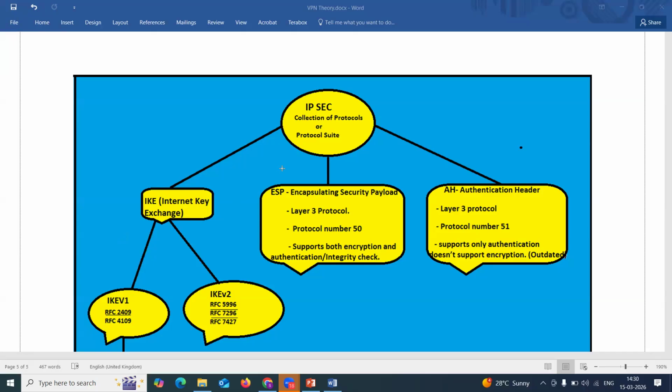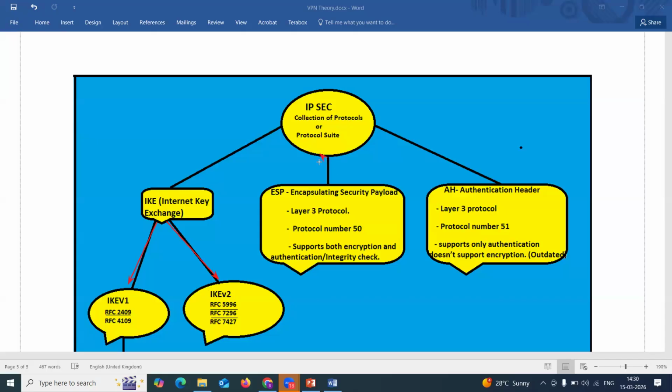So if you guys are asked what are the protocols under the IPsec, say IKE. But IKE is an internet key exchange, a method of exchanging the key over the ISP. Under the IKE, we have multiple protocols. First, you say IKE has two versions, IKE v1 and IKE v2. And further, multiple protocols are used under the IKE. That's how you define the IKE.